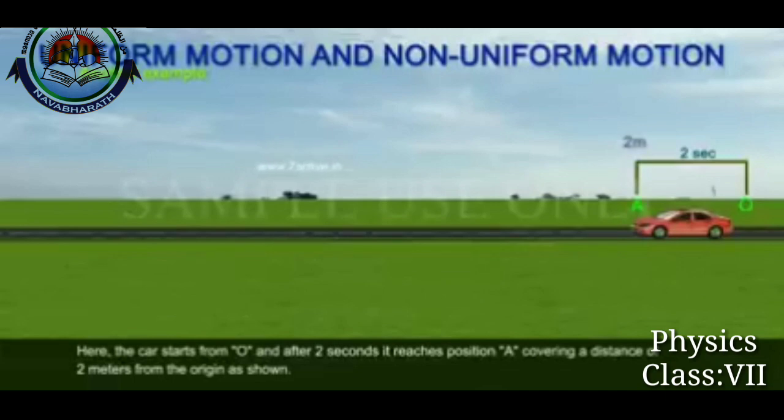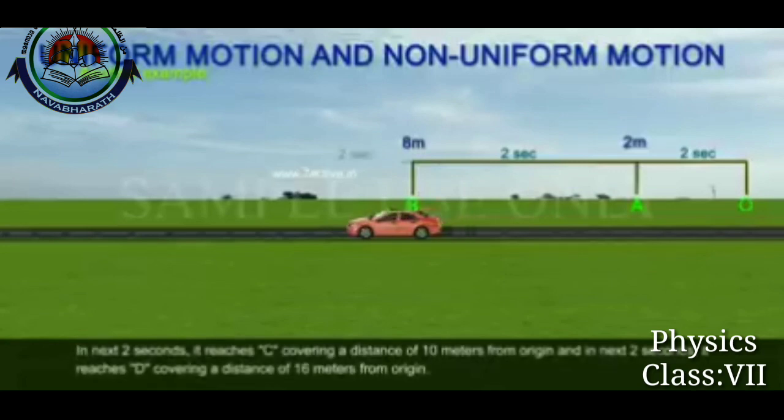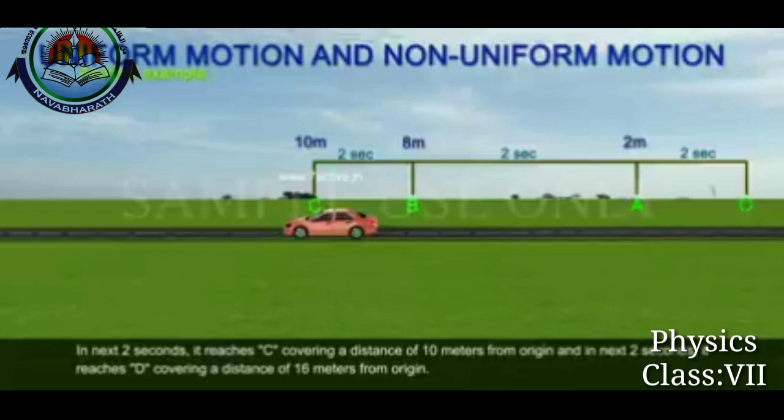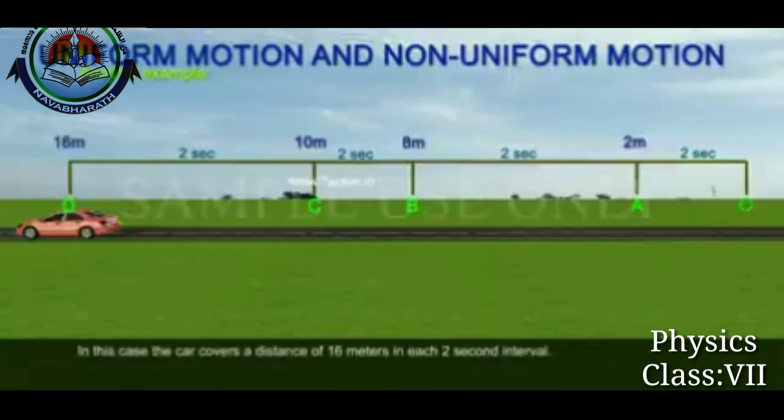From O to A, it takes 2 seconds. In that 2 seconds, it covers 2 meters. In the next 2 seconds, it covers 6 meters. In the next 2 seconds, it covers again 2 meters. And in the last 2 seconds, it covers 6 meters.